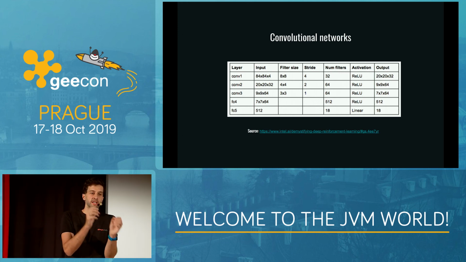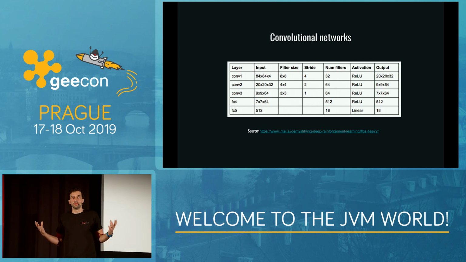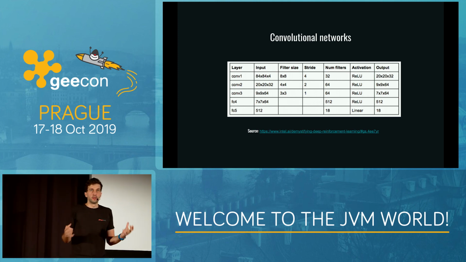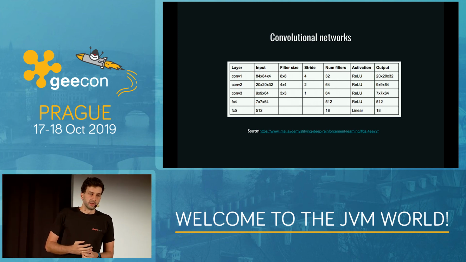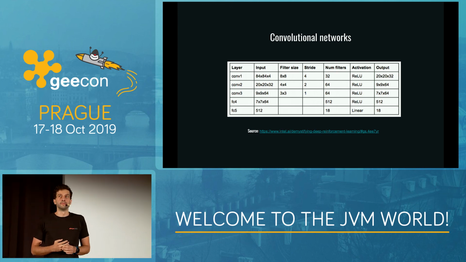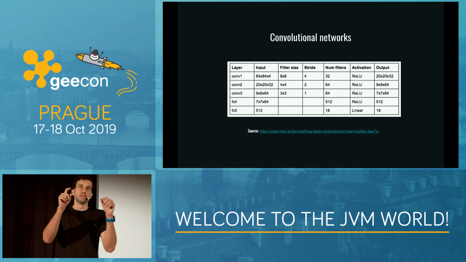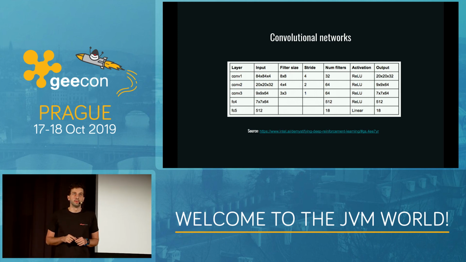Those networks are usually pre-trained on a huge data set of images for a different problem. For example, there are data sets like ImageNet, which contains several millions of images annotated manually, and all the elements on those images are described and labeled.